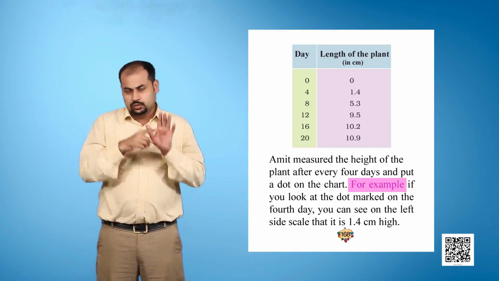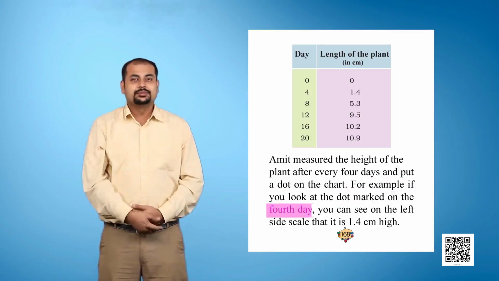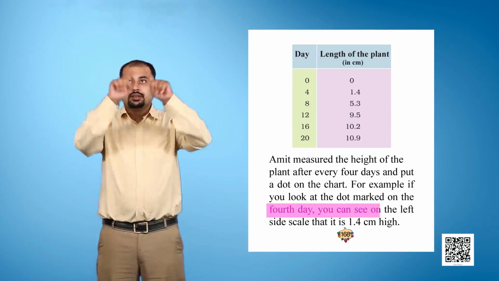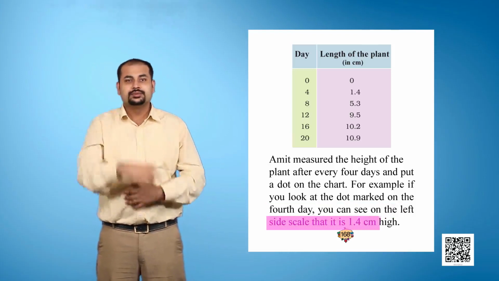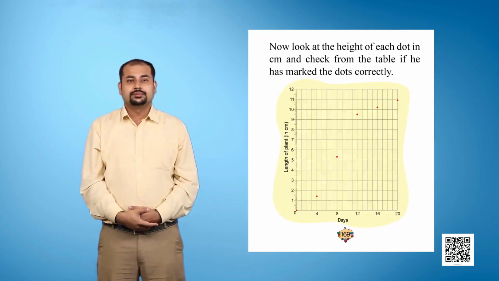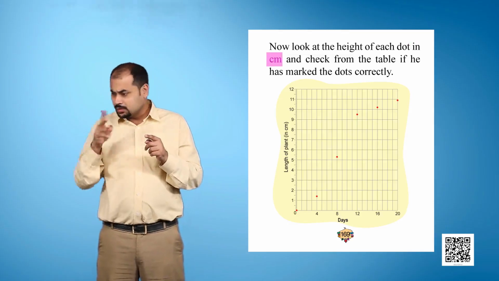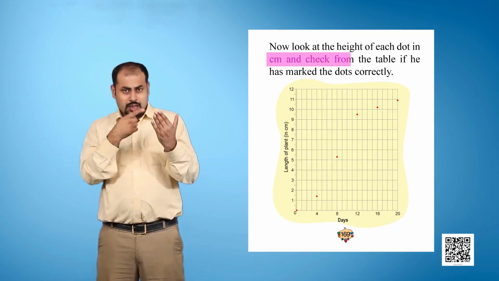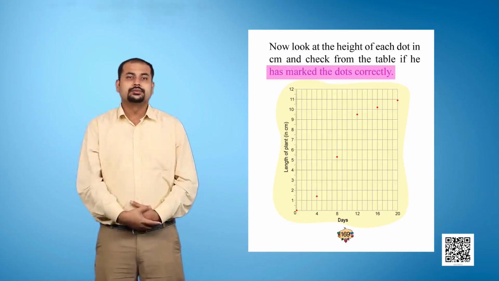For example, if you look at the dot marked on the 4th day, you can see on the left side scale that it is 1.4 centimeter high. Now, look at the height of each dot in centimeters and check from the table if he has marked the dots correctly.